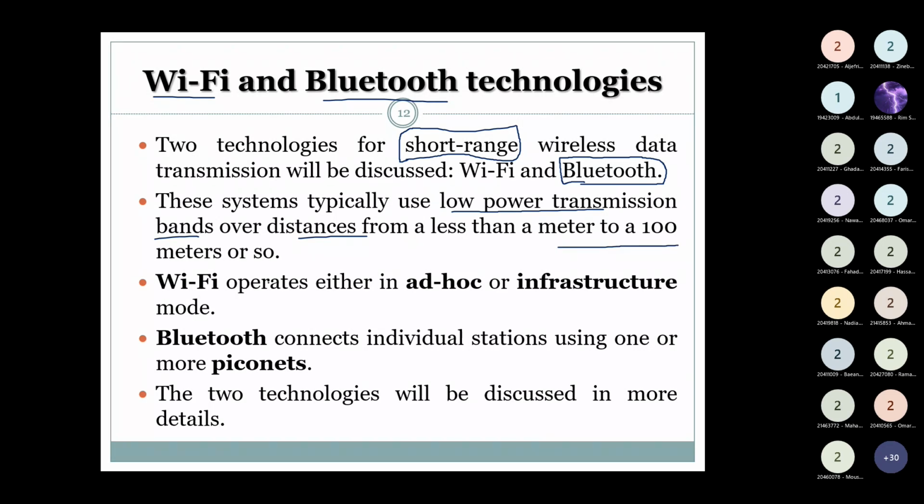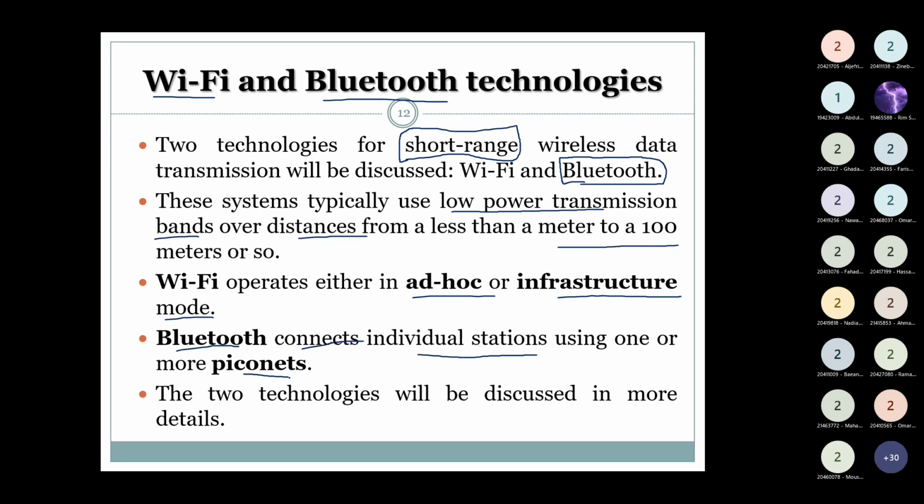The Wi-Fi operates either in ad hoc or infrastructure mode, but the Bluetooth connects individual stations using one or more piconets. So these two technologies will be discussed in more detail in the following.